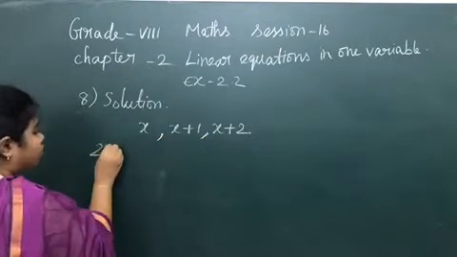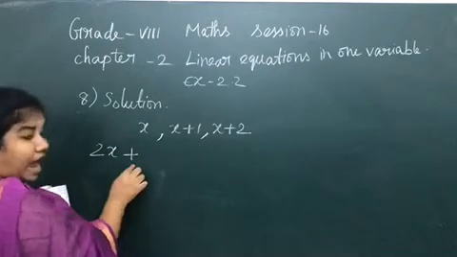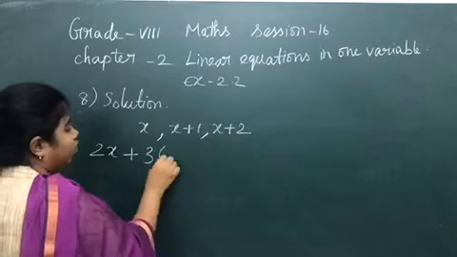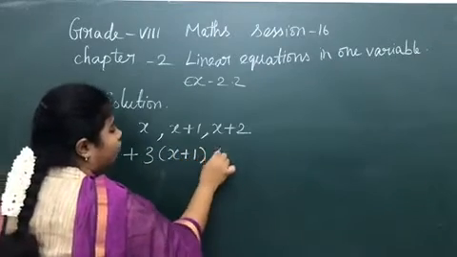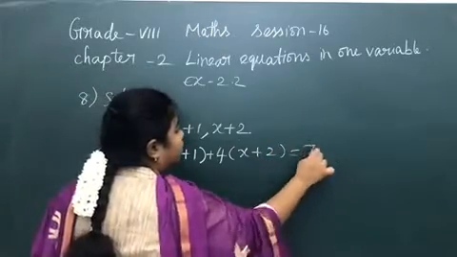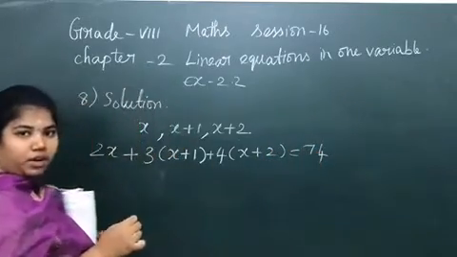Now the numbers add up to 74, so I am using the addition symbol: 2x plus 3 into x plus 1 plus 4 into x plus 2 equals 74. Can you understand?